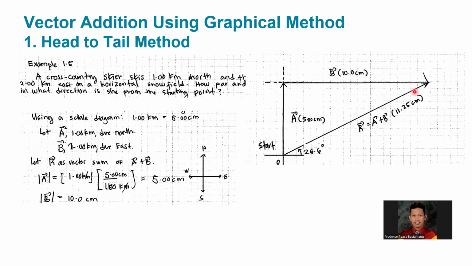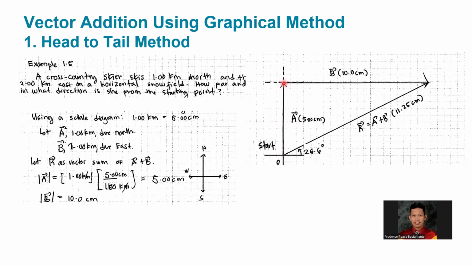Okay. So the head to tail method, first, you draw a Cartesian plane. Okay, here. This is our start. Then you draw the vector A. Okay, you draw like this. If you measure this, this is 5 centimeters, due north, in the direction of north.